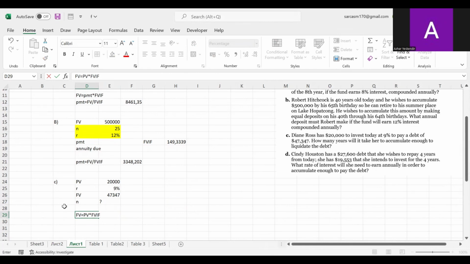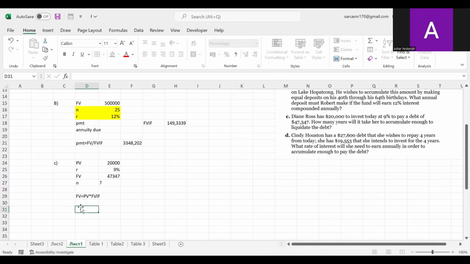From this formula, we can derive the future value interest factor because we know that it contains the number of years and the interest rate. Interest rate we have, but we don't have the number of years. Later you will see how I will find it.